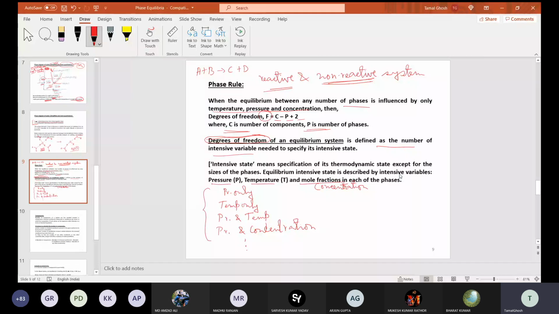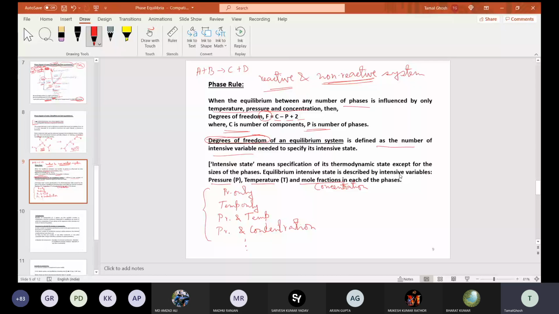Which variable is actually specifying that state, you have to justify looking at the given system. So that is the phase rule.